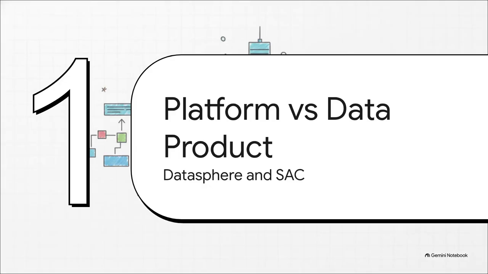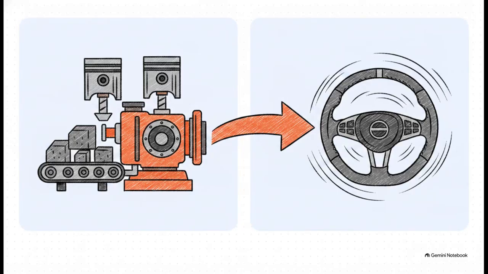Moving to Section 2, platform versus data product, focusing on separating DataSphere and SAC. To fix this crippling architectural debt, we absolutely have to rethink how we structure the ecosystem. We need to establish a strict separation of concerns by distinguishing between your data platform and your data product. It helps to think of SAP DataSphere as your enterprise-wide data platform.